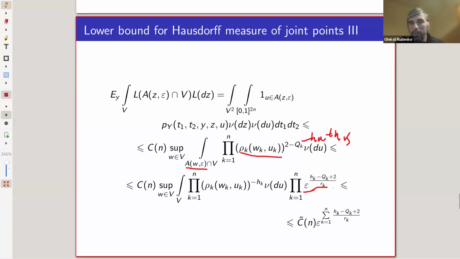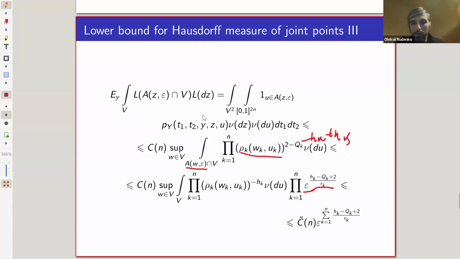So this is this multiplier, and we are only left with h_k, and this is what I write here, and then we have this estimate. So this is the estimate for the first moment of the intersection local time from some small ball.